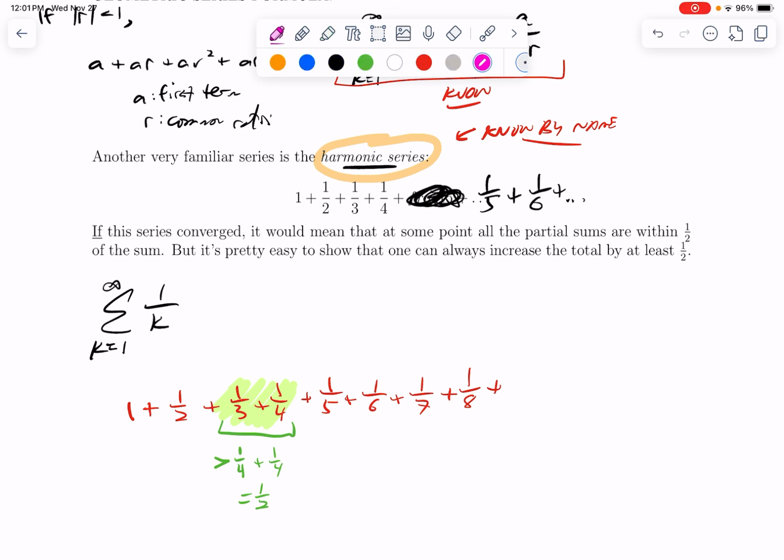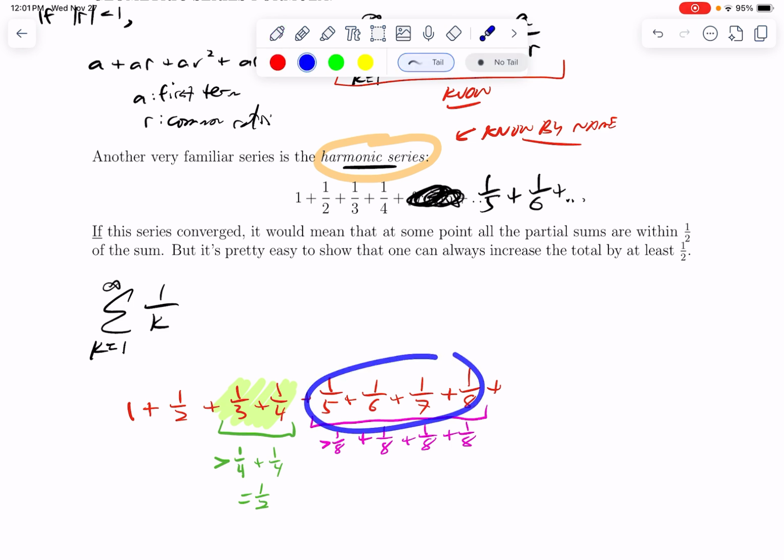Now, what if I look at the next 4 terms? 1/5 is greater than 1/8. 1/6 is greater than 1/8. 1/7 is greater than 1/8, and this is 1/8. So these 4 things added together are definitely bigger than 1/8 plus 1/8 plus 1/8 plus 1/8, which is 1/2.